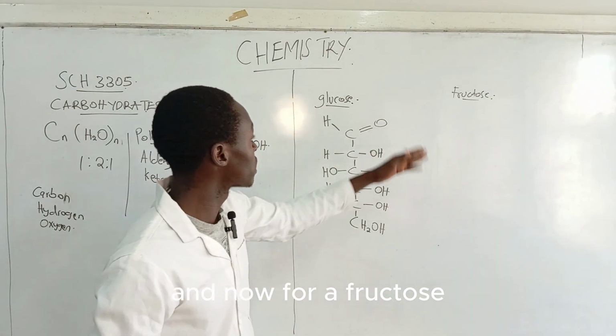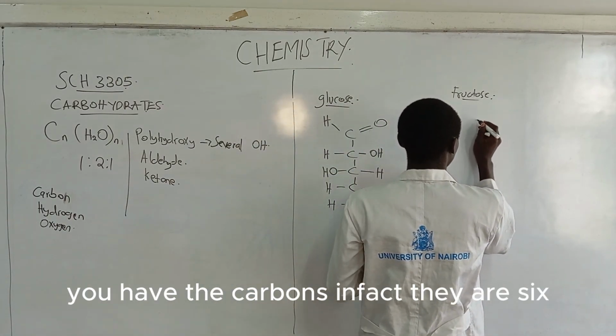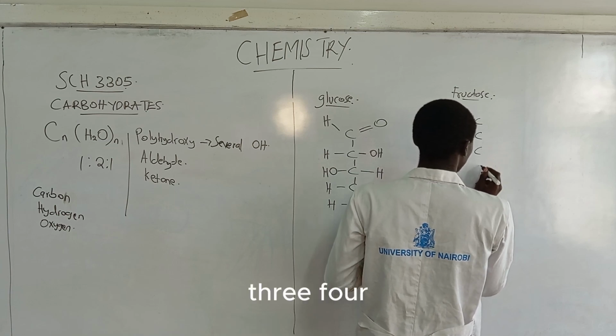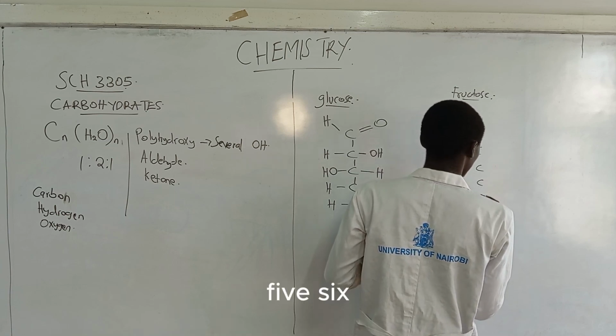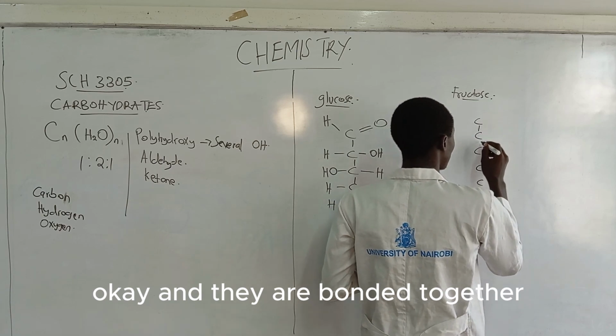And now for a fructose, this is how it looks. You have the carbons, first they are 6: 1, 2, 3, 4, 5, 6, bonded together.